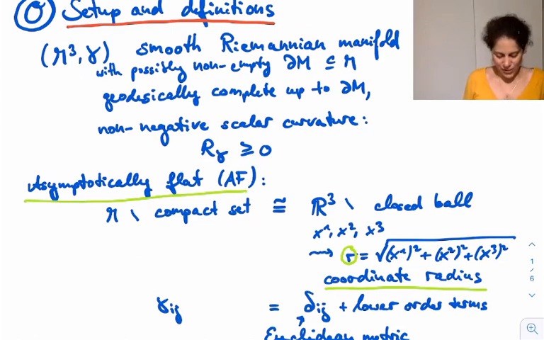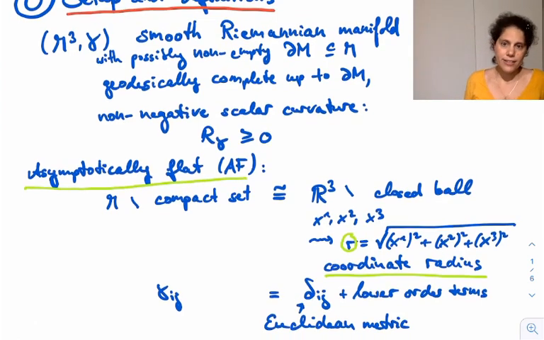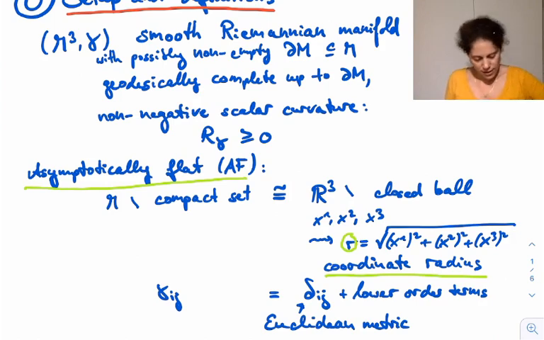And they're also all going to be asymptotically flat in the sense that the manifold consists of, outside some compact set, a region which is diffeomorphic to R3 outside some closed ball, which gives me coordinates x1, x2, x3 to work with on this exterior region, and a coordinate radius r, the formula of which you can see here, as you would expect from Euclidean space.